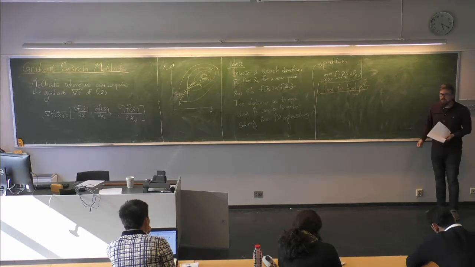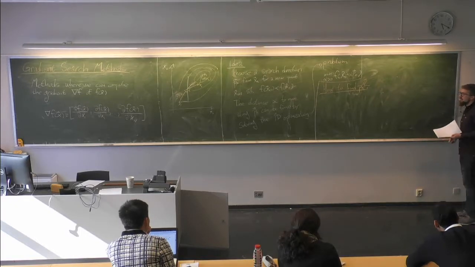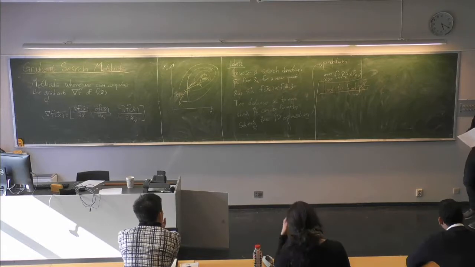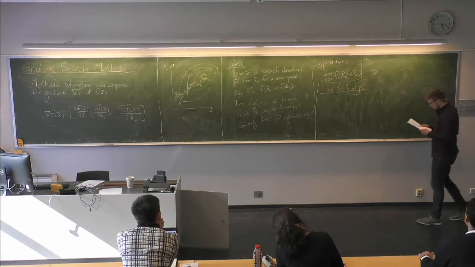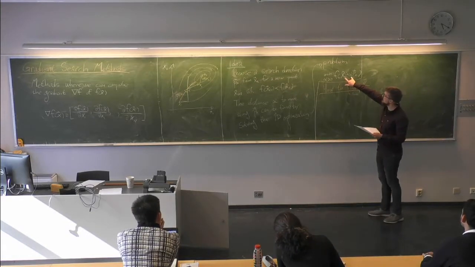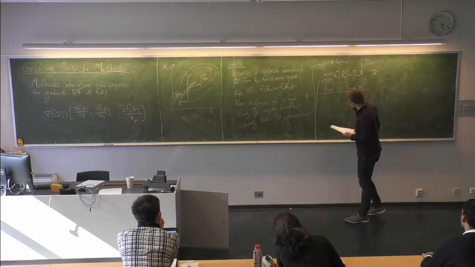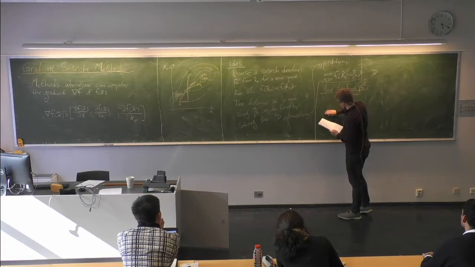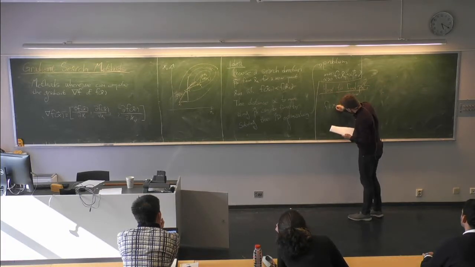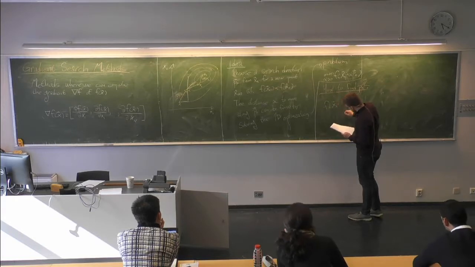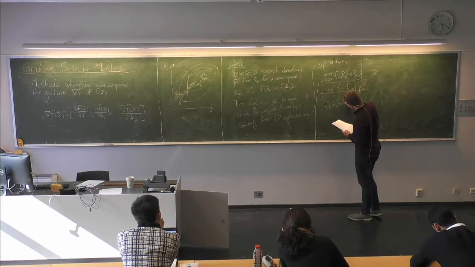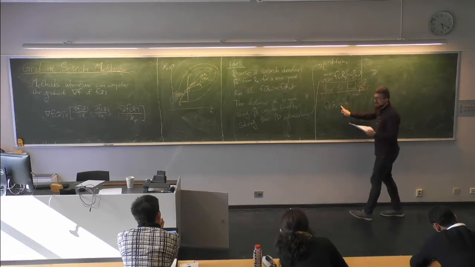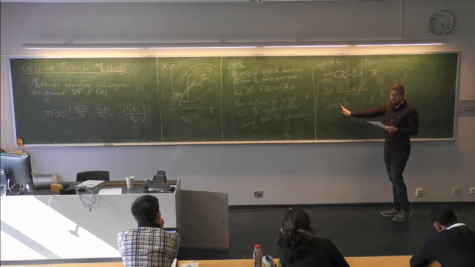But let's try to prove why pk is the best, or well, why the gradient is a good search direction. So we can try to Taylor expand this. We have that xk. Alpha here is just a scalar, so just a number. These are vectors.